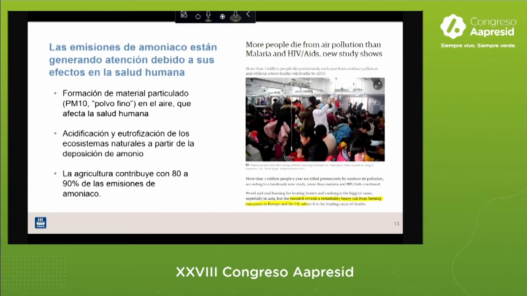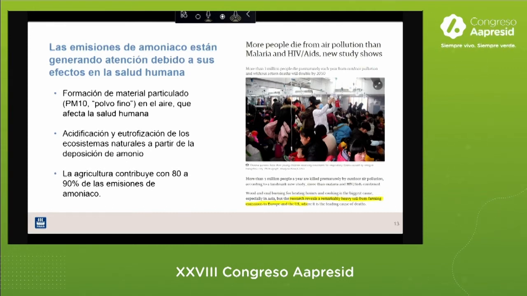So ammonia losses in Europe, for example, are regulated by EU regulations on air pollutants, because they are important in the formation of particulate matter, of fine dust, or summer smog, as it is sometimes called. That has respiratory consequences for humans, so it's really a health issue.